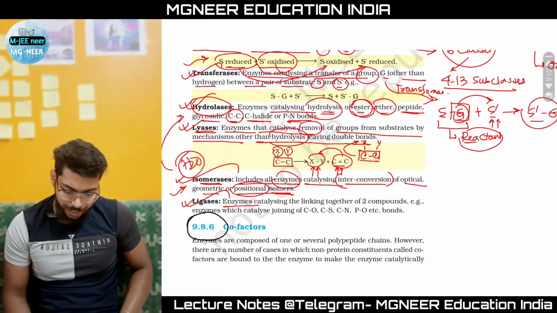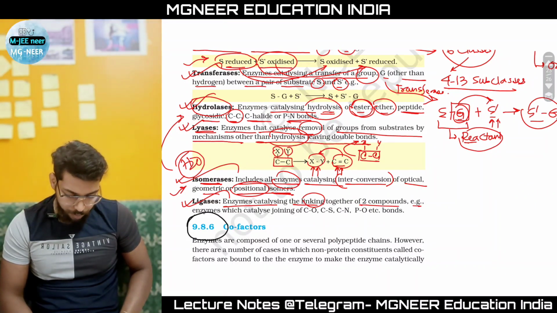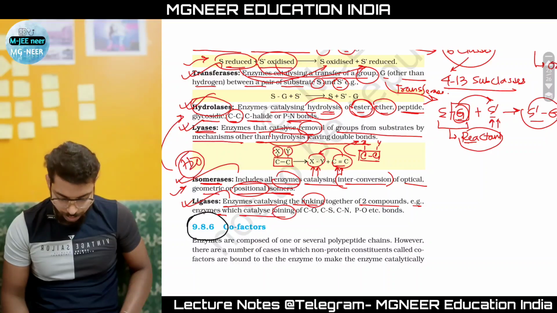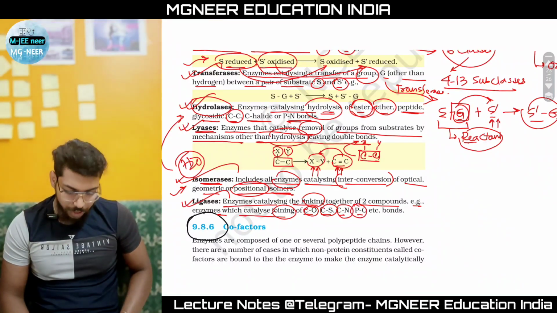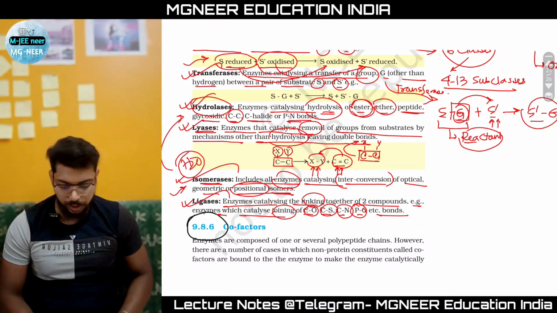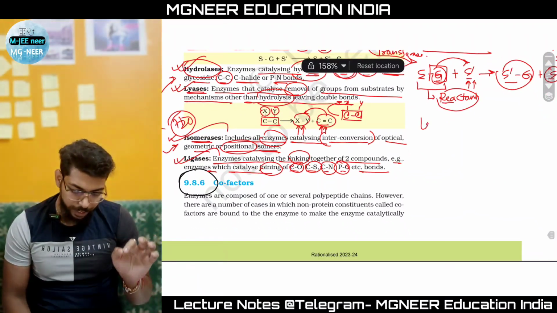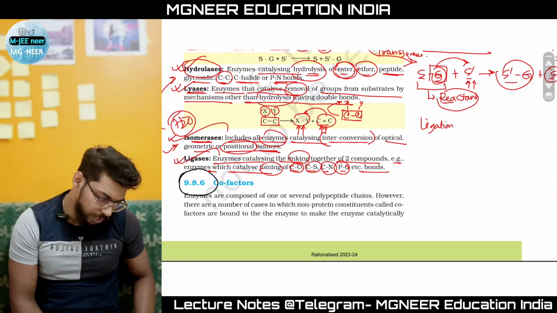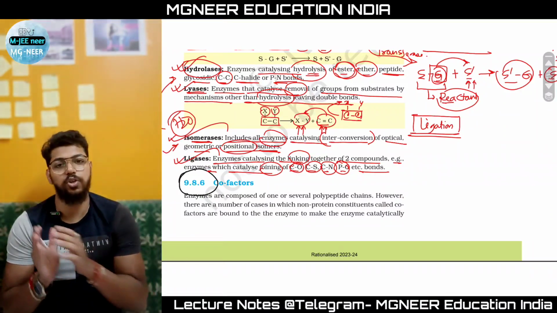Ligase: enzymes catalyzing the linking together of two compounds. For example, enzymes which catalyze joining of carbon-oxygen, carbon-sulfur, carbon-nitrogen, phosphate and phosphorus-oxygen bonds, etc. Ligation means joining something, stitching, to be joined.